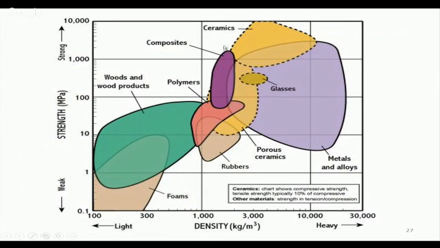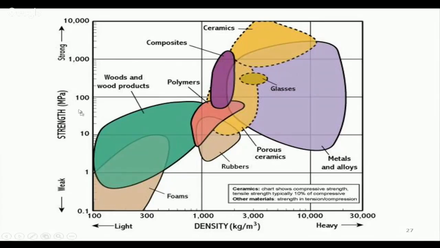What you can see here is that ceramics have the highest strength. Glass, metals and alloys are here, and glass has a very small window, whereas composites start from much lower values and go much higher. The same materials, if you make them porous into foam, come here, with much less strength. And as you know, woods and polymers are in between.